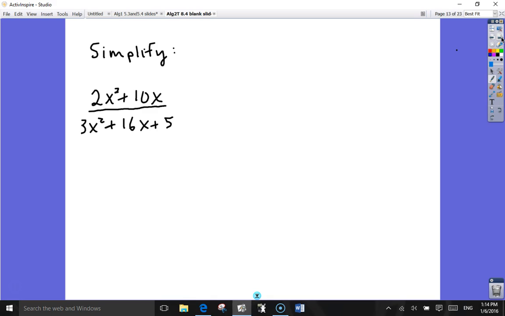Although, honestly, when it comes to these rational expressions, it's actually a little easier, and I'll show you why. Let's say I factor this numerator as 2x times x plus 5. The thing is, I know that it's very likely, not all the time, but likely, that there's going to be a common factor in the denominator.